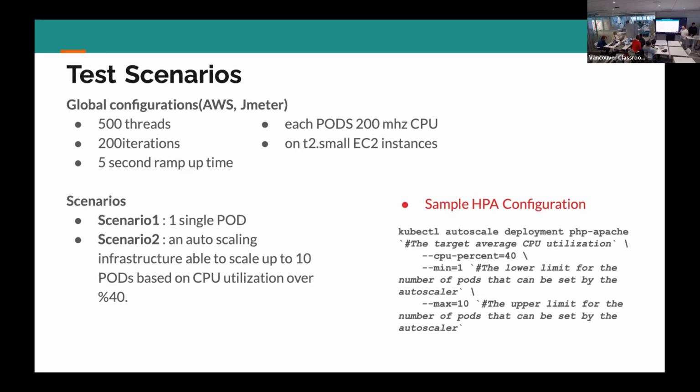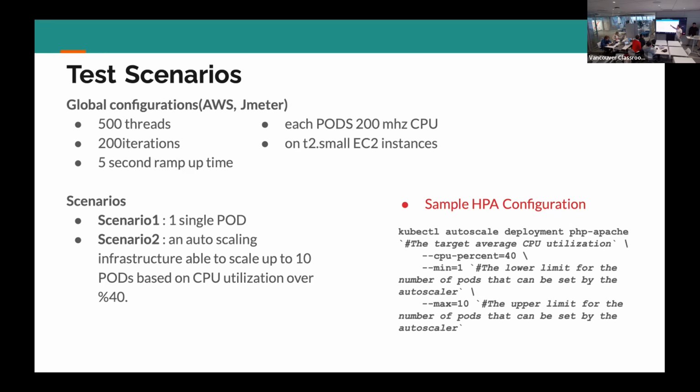Our nodes, or auto-scaling group, which consists of three virtual nodes, are on T2.small EC2 instances, which means each of those has 2 virtual CPUs. Just to give a simple explanation, each pod is an instance of the Plotly Dash application.